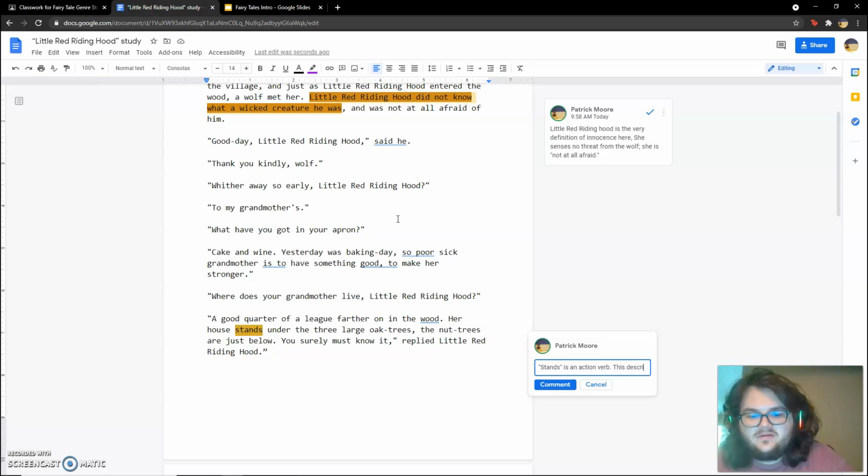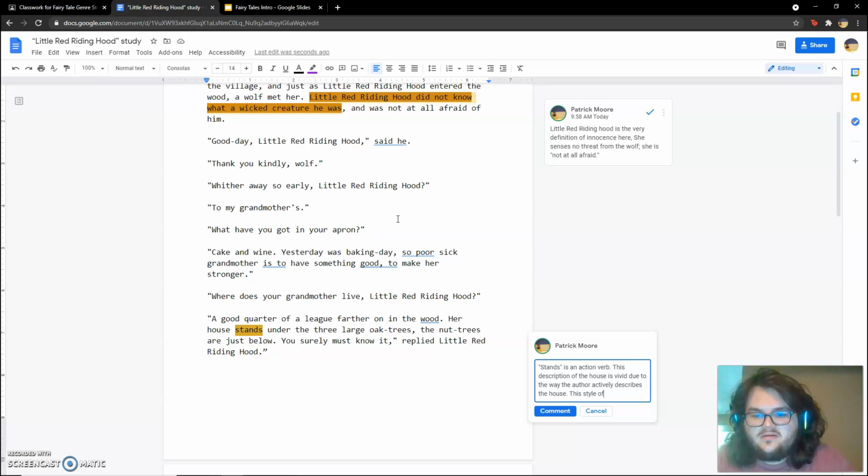This description of the house is, let's say, vivid, because that's what we called it, vivid description of action, due to the way the author actively describes the house.